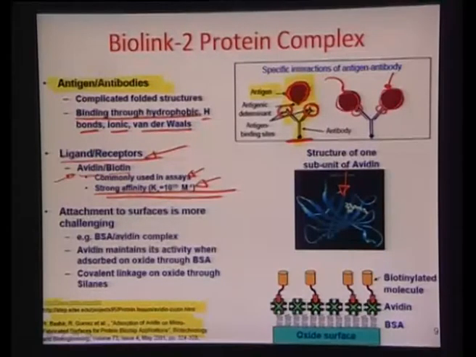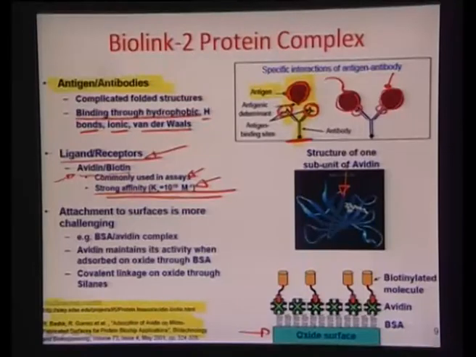Also very important is the binding of some kind of an antibody using this concept of biotin avidin chemistry. So here what you do is, let's say you have a surface which you want to bind something on, and you create a protein in its positive state at a certain pH.